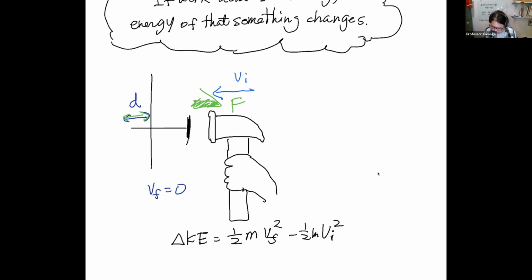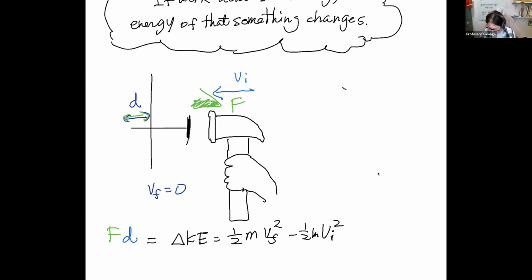So this equals FD: the force of the nail on the hammer that stops it, times how far the nail goes in, ignoring all the other components of energy dissipation.